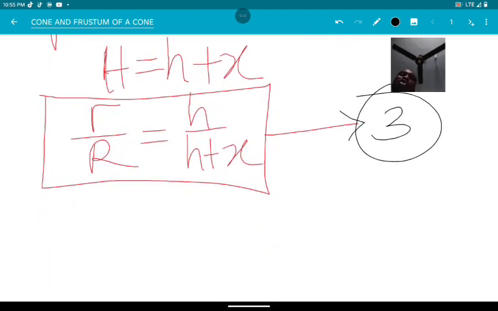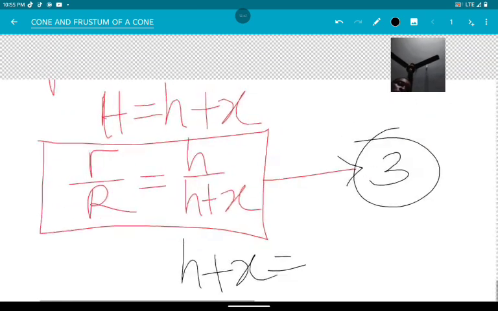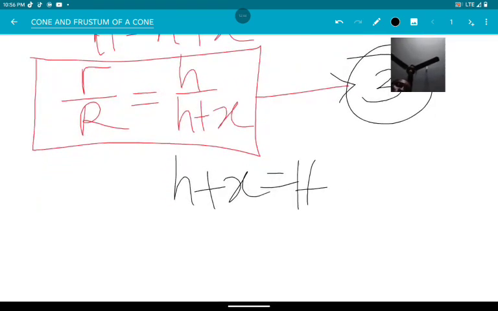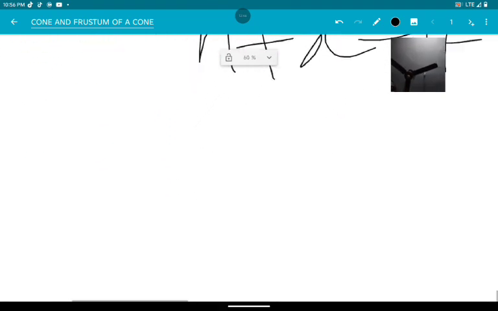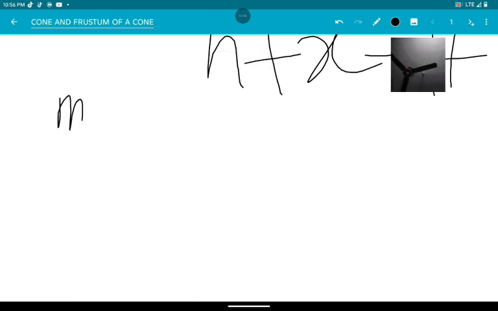So you must understand that small r divided by big R is equal to small h divided by small h plus x, which small h plus x is equal to capital letter H. All right, moving further now.